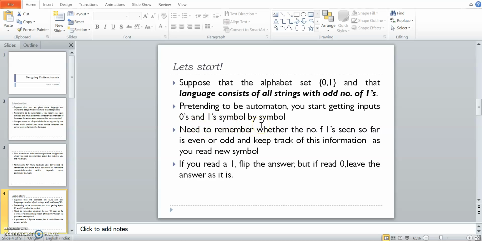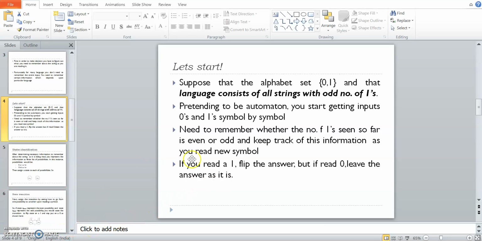Now, second step: we need to remember something about the string, right? So in this case, what are you supposed to remember? You need to remember whether the number of ones seen so far is even or odd, and keep track of this information as you read each new symbol. If you read 1, flip the answer, but if you read 0, leave the answer as it is.